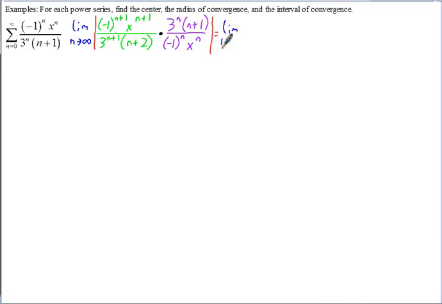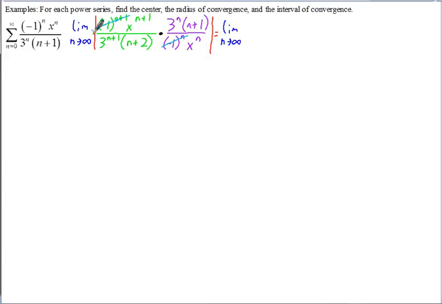That's the limit as n approaches infinity. Let's see what we can simplify here. Let's start with the negative 1s: negative 1 to the n plus 1 over negative 1 to the n is just going to be a negative 1. But the absolute value would make that a positive, so that basically goes away.